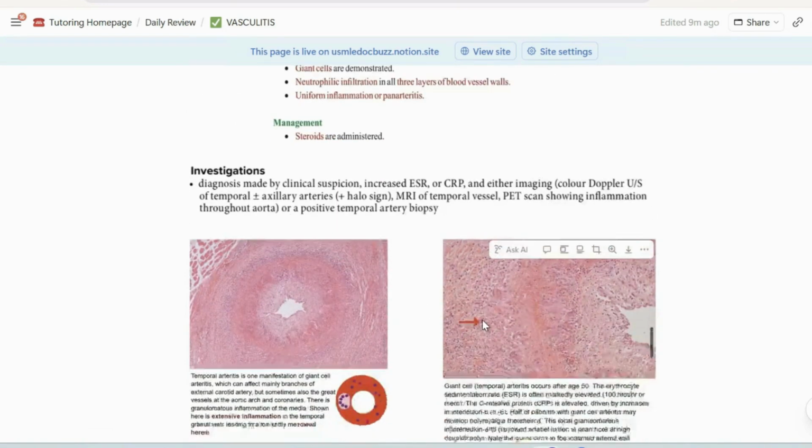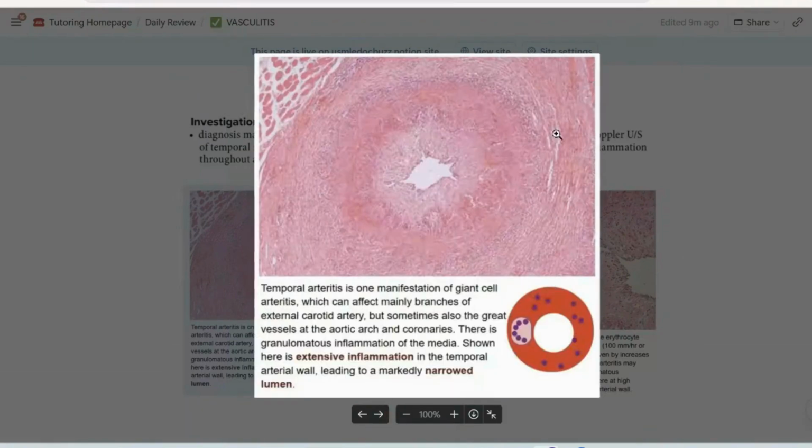So when you look at these histological images now, you see the entire vessel wall has extensive inflammation, right? And then you see the lumen is completely narrowed, right? That's what they're trying to show you here as well, along with the neutrophils being present there, right? So extensive inflammation resulting in lumen narrowing, right?